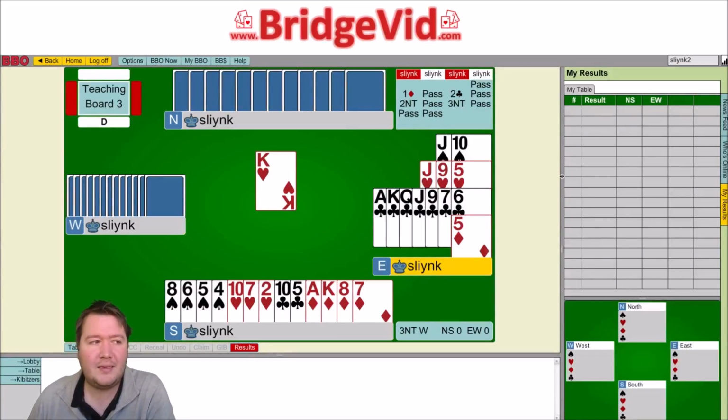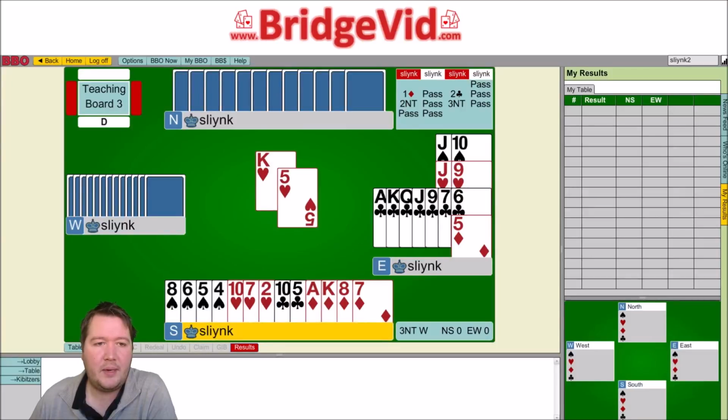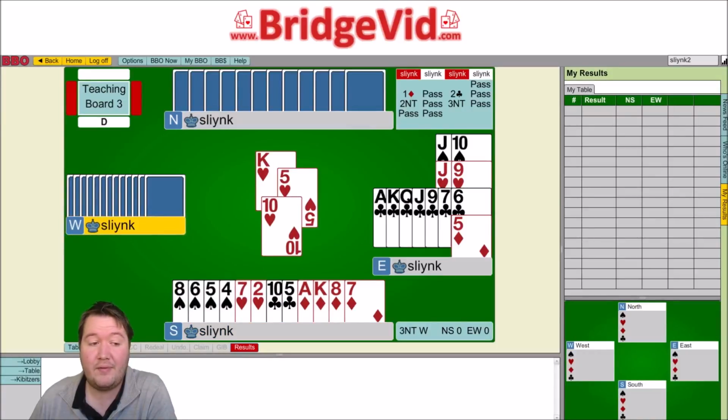Again, I'm not saying this is the way that you actually have to do it. You can do it in whatever ways you want to agree. So if we're playing low encourage and reverse count, so here partner led a heart, and we can tell them how many we've got. Now, this 10 almost certainly won't be useful, so we can play the 10 to say that we have an odd amount.